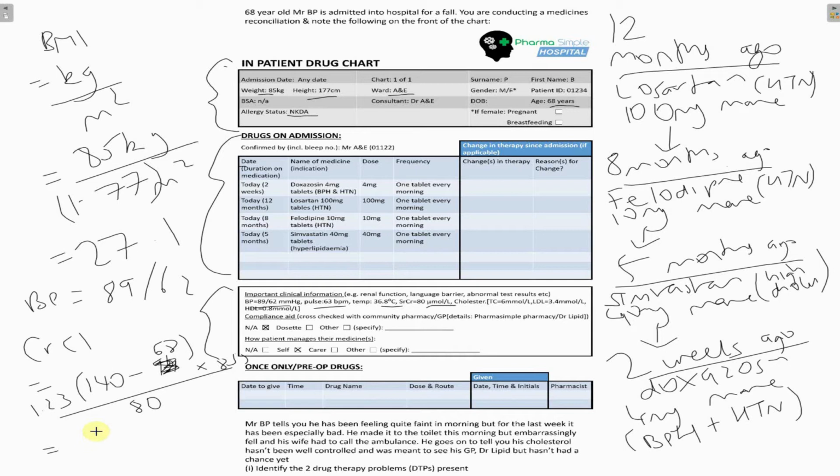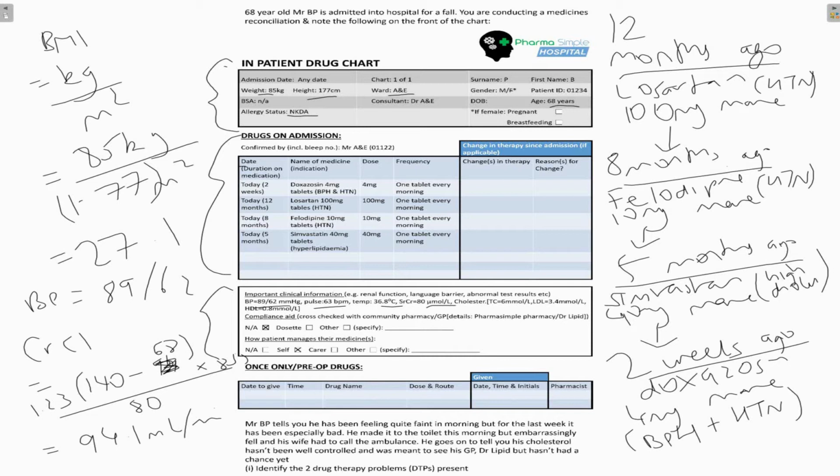So that gives us about, I'm just putting this in my calculator, 94.1 mil per minute.